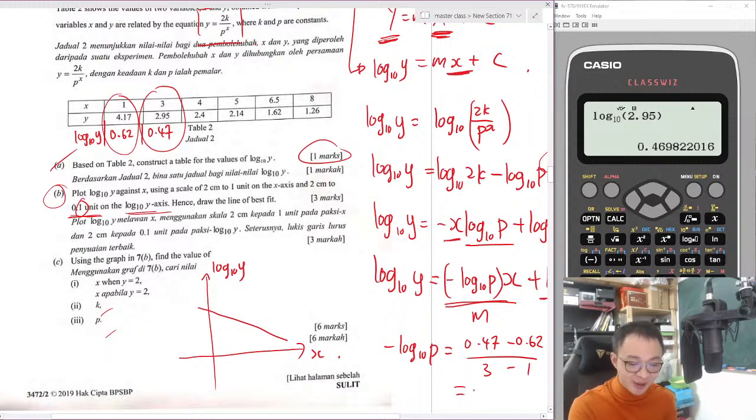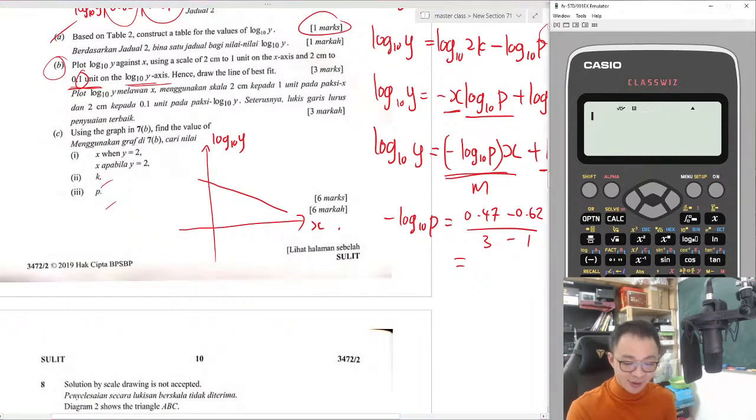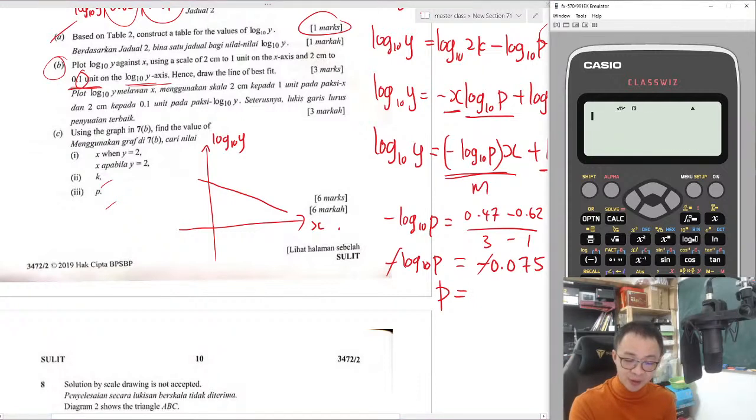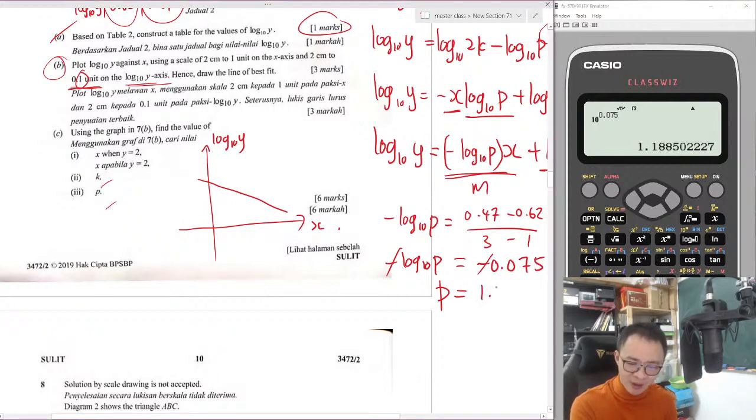By solving this, I can get my P. So 0.47 minus 0.62 over 2, and we have something like this. Negative log 10 P equals negative 0.075. Cancel out the negative, P will equal, shift log, which is 10 power 0.075. You will get the answer 1.189. I think 3 decimals as the final answer should be fine.